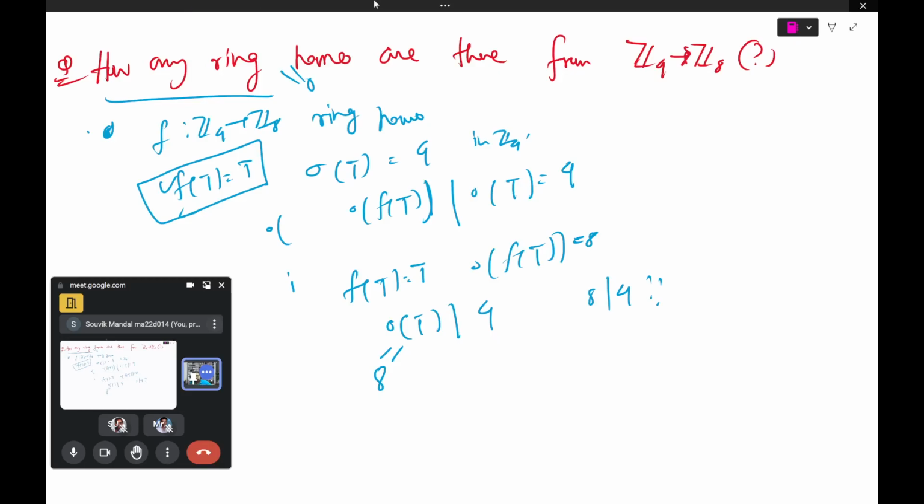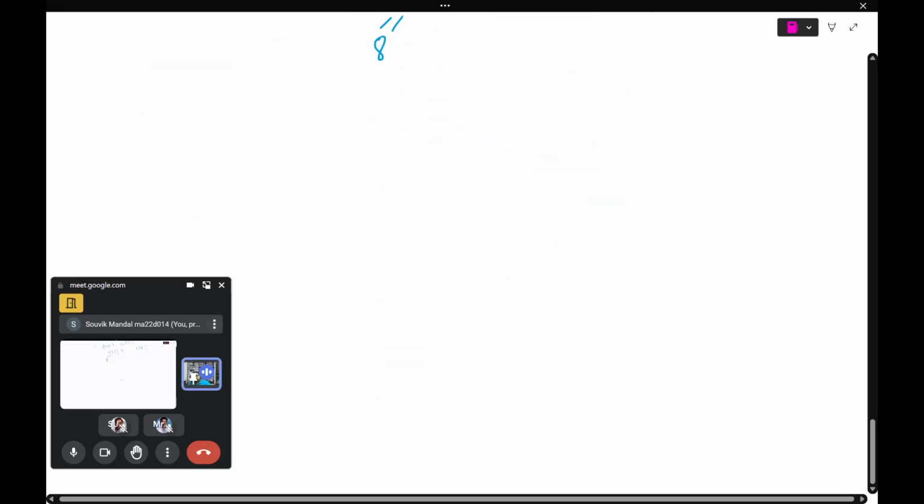Okay, so now comes the following question. Let R be equal to Z2[x] modulo the ideal generated by x cube plus 1.